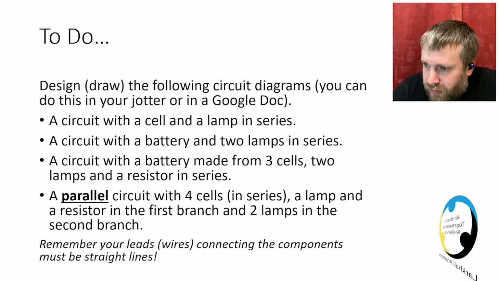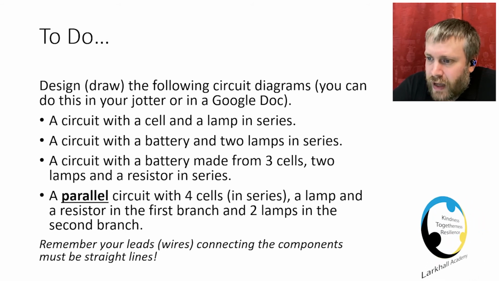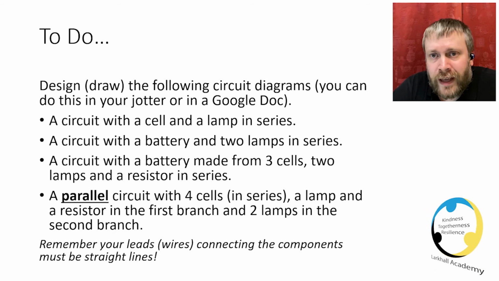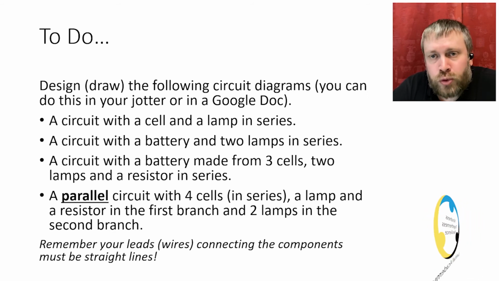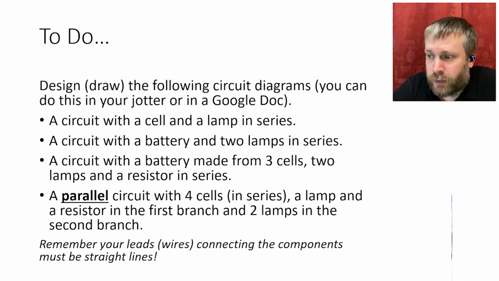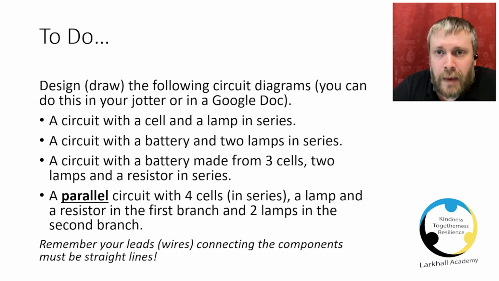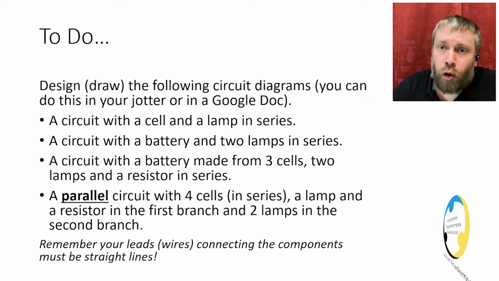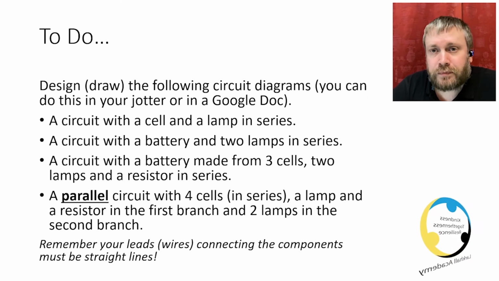So when you're drawing a circuit, you'll notice from all the diagrams I've done, the leads are always drawn with straight lines and normally right angles wherever possible between them. That's how I expect you to draw all your circuit diagrams.